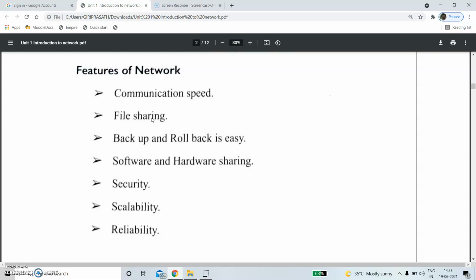Hardware sharing means printer, web camera, scanner, etc. Security is very high; it gives security. Scalability means you can transfer n number of data at the same time, with no restriction at all. Reliability means giving protection to the system as well as the software.